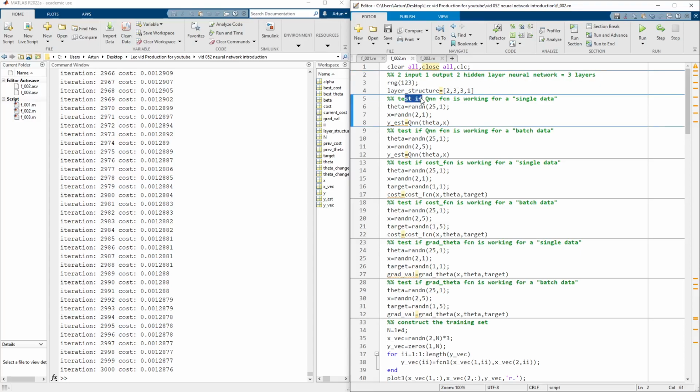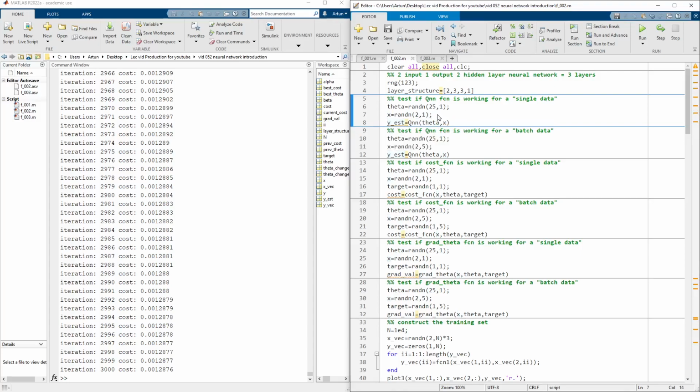And this says test if QNN function is working for a single data. Here, this is theta. We just generate a random 25-dimensional vector, and we generate just a 2-dimensional input, right?